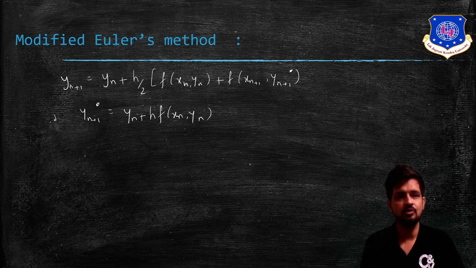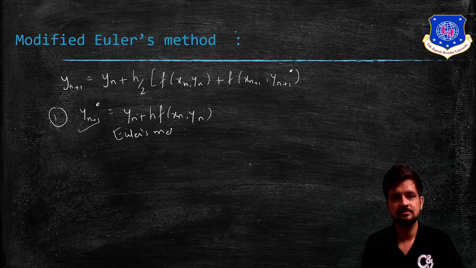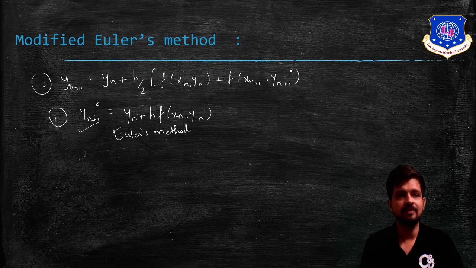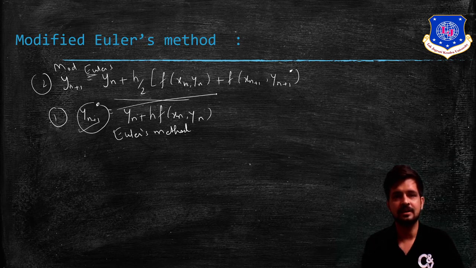So first, in step number 1, we have to find yn+1 using Euler's method, and then find yn+1 using modified Euler's method, using this yn+1 star here.